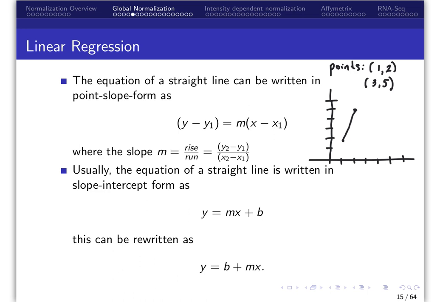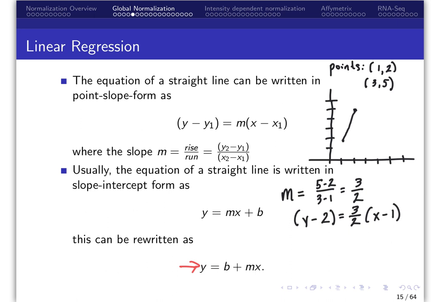The slope of the line is given by rise over run, which is given by this equation. In our example, we have this result. Usually, the equation of a straight line is written in slope-intercept form, or y equals mx plus b. Of course, we can rearrange this so that the intercept is first, or y equals b plus mx.